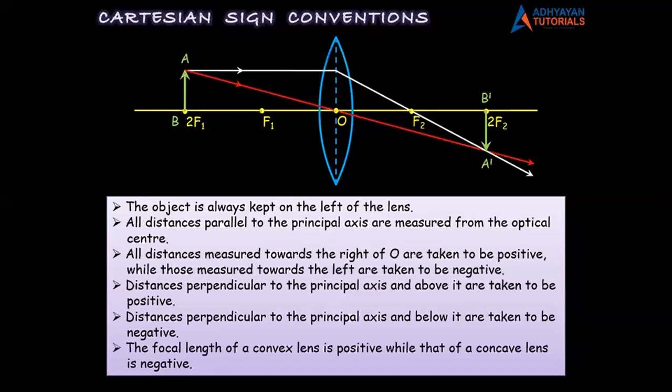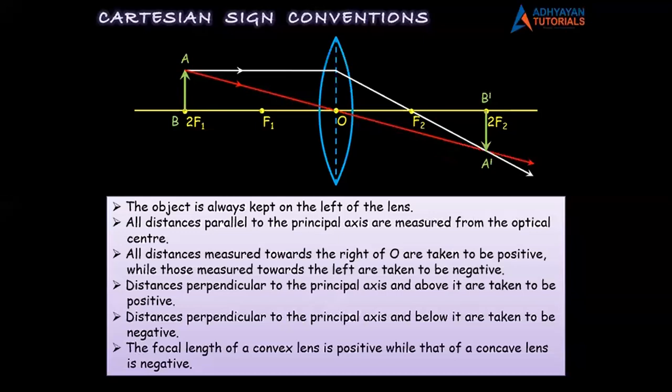So children, I want you to read all the rules with me. Cartesian sign conventions, it is a very, very important 3 marks. The object is always kept on the left of the lens. Second, all distances parallel to the principal axis are measured from the optical center. Third, all distances measured towards the right of O are taken to be positive, while those measured towards the left are taken to be negative.